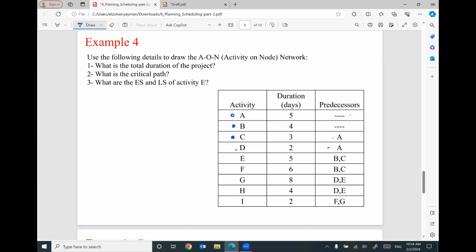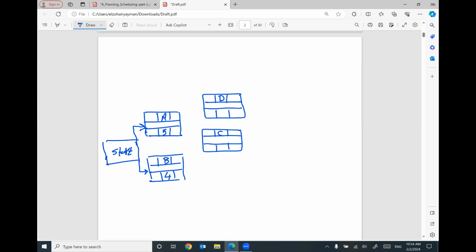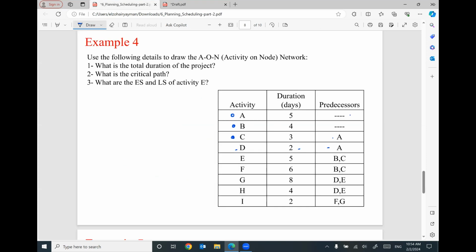The duration for C is 3 and D is 2. Make sure the relationship is not given, but we will assume it is finish to start. So I am done with C and D.